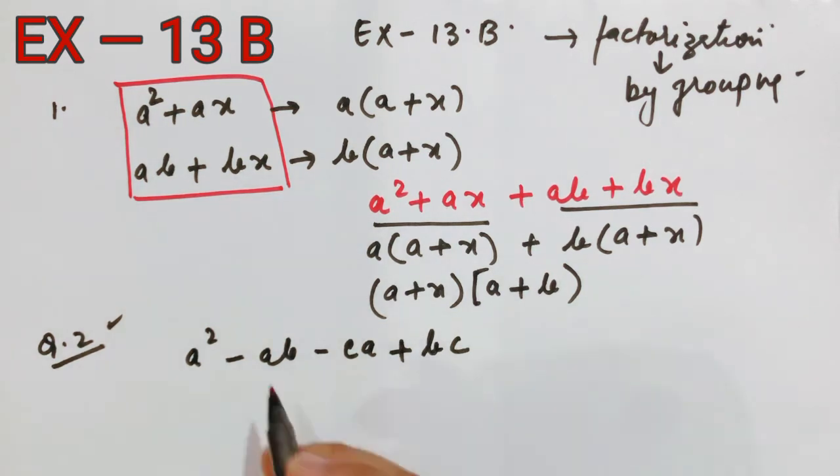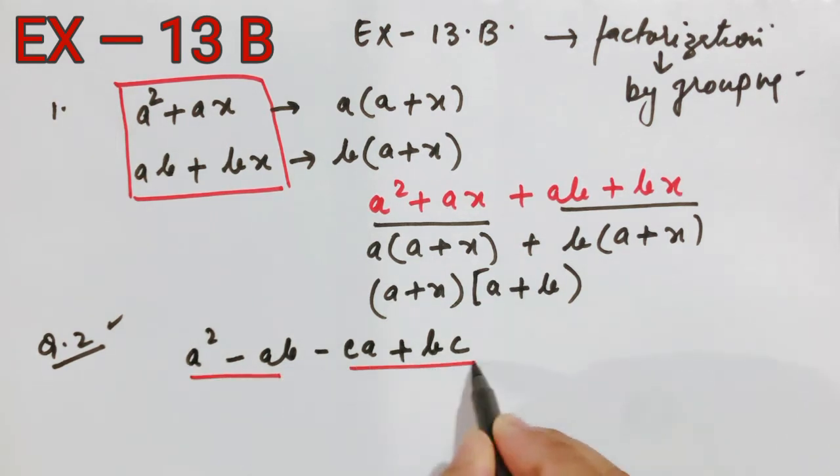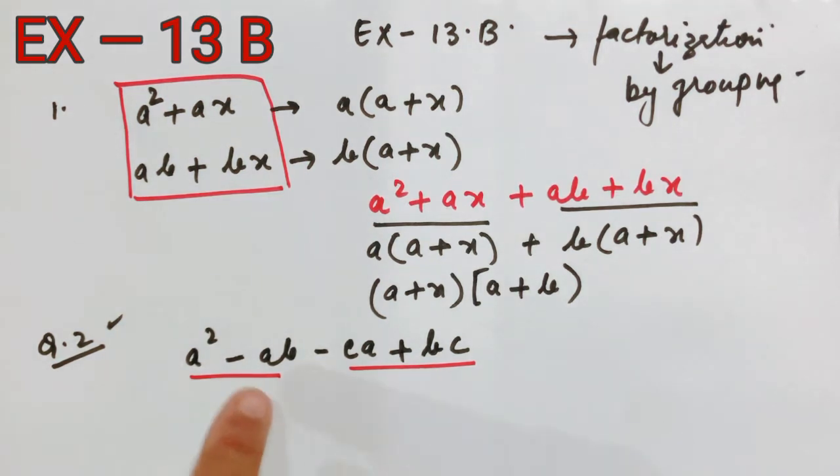Now have a look. As I said, you will have to group the terms. So group them, one pair and two pair. When I say group, please do not group them blindly. You will first have to check that if you take a common from the first pair, you get a minus b, and from the second pair if you take c common, you get a minus b.